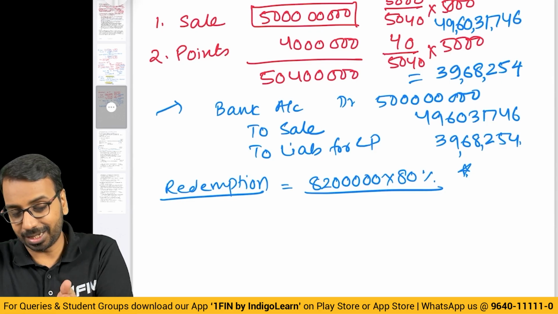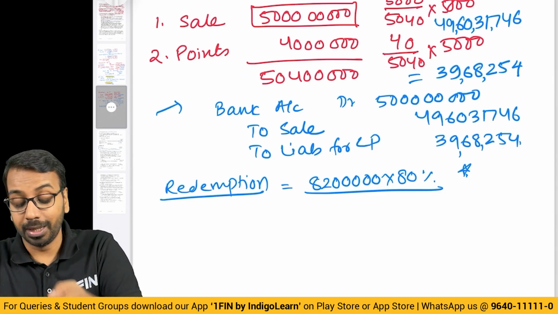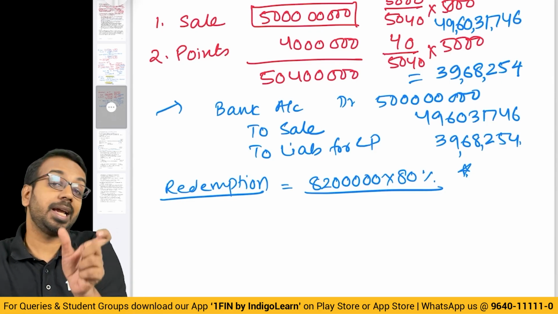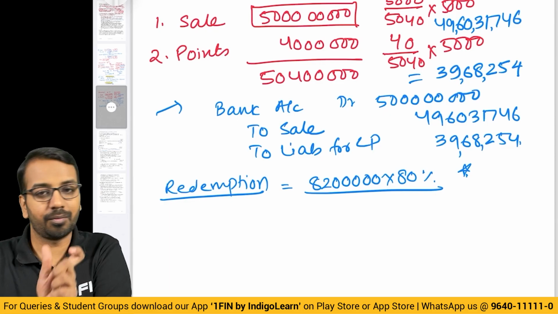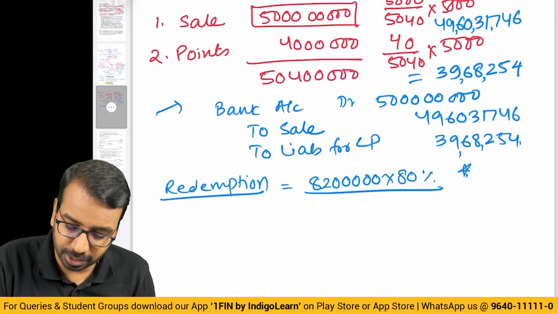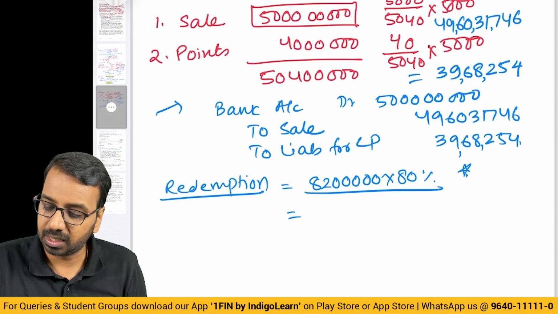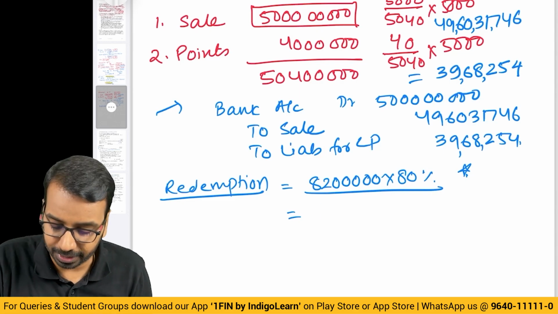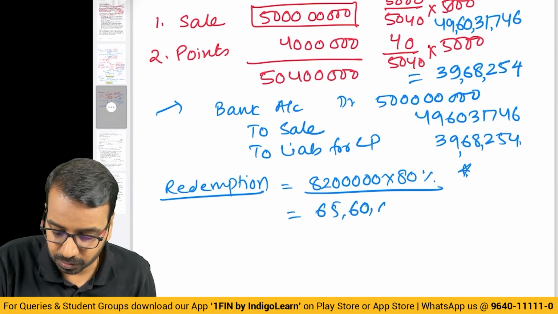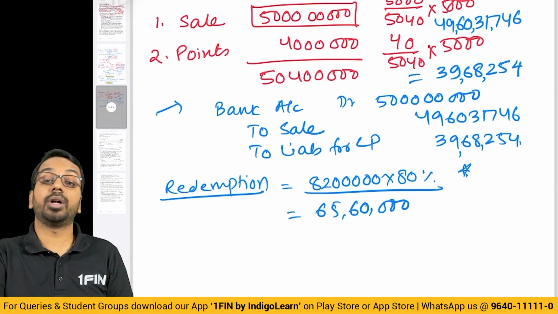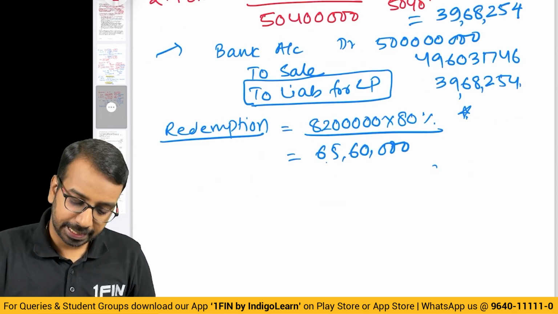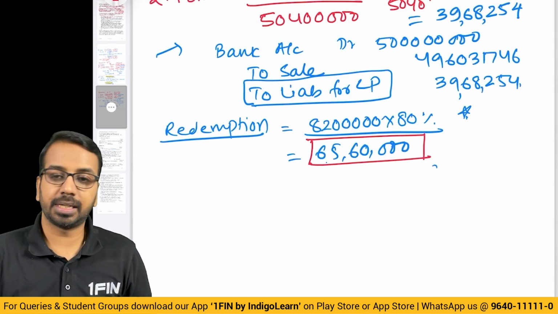As I told you, after the question ends, I will also show you how it should be done if you assume that the full 82 lakhs value of points has come for redemption. So 82 lakhs into 80%, how much is this? I get 65 lakhs 60,000. This is the points which are redeemed. Redemption is 6560 in the current year.